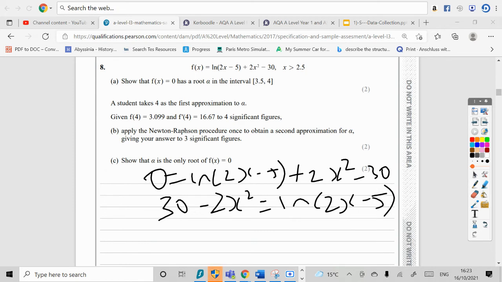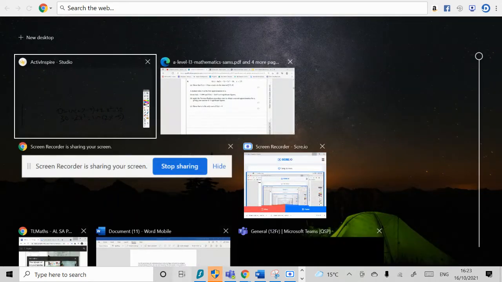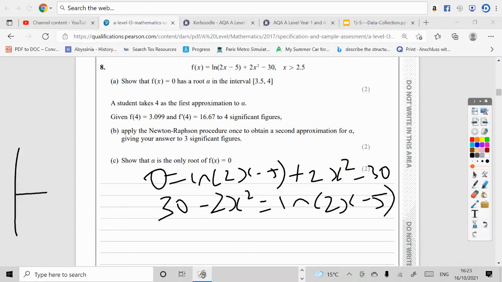So, if we draw a curve, in fact, that's a very terrible looking curve. Let's make that a bit better, shall we? So, like that.